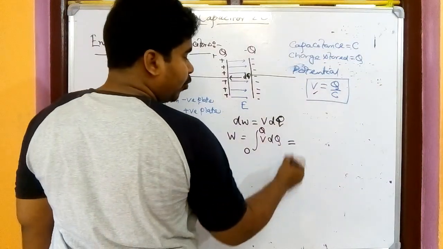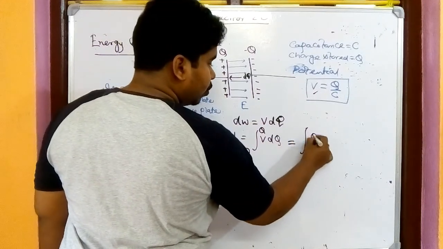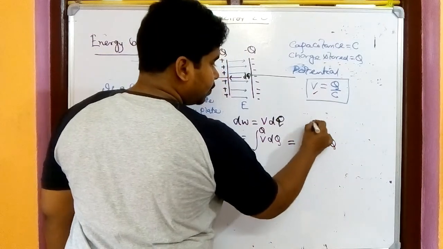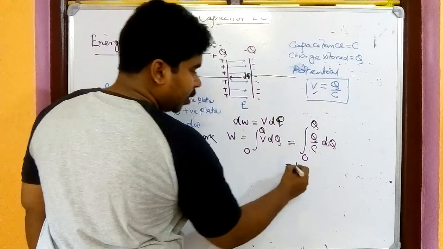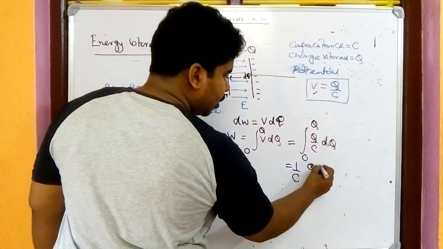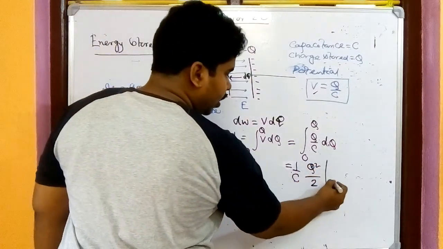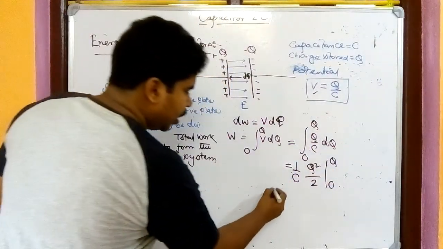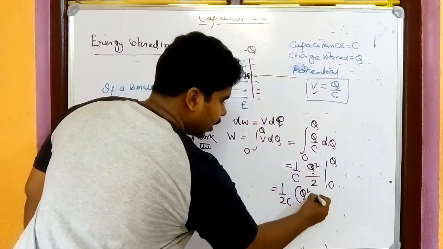What is the value of V here? V equals Q by C. So the integration of Q by C dq from 0 to Q. 1 by C is a constant, it comes out. Q into dq gives Q square by 2, and the limit will be 0 to Q. Upper limit minus lower limit: 1 by 2C, Q square minus 0.